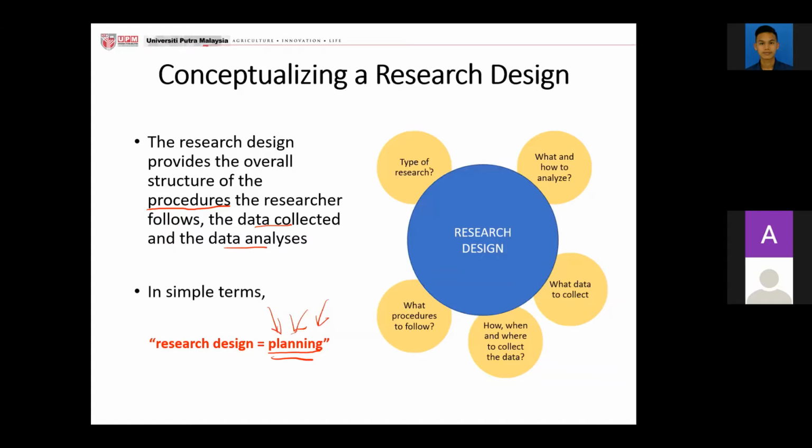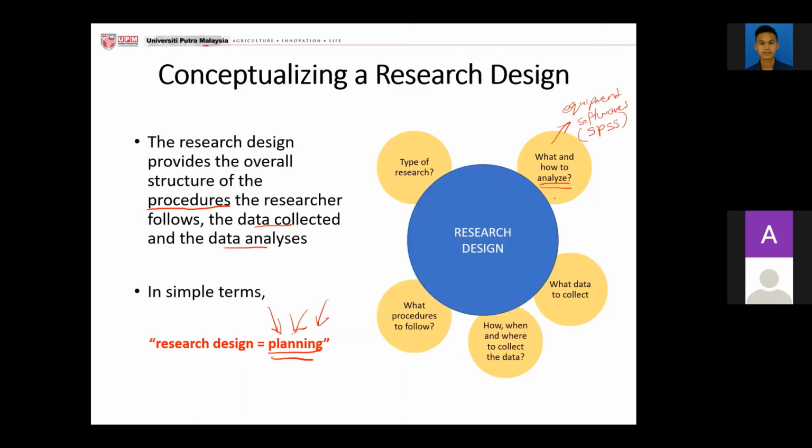Once you know what you are going to do, you have to start thinking about the analysis. Analysis, of course, is whether you have the equipment or some sort of software. For those thinking of doing something like a survey, you have to use SPSS. So that is something you have to start thinking about.